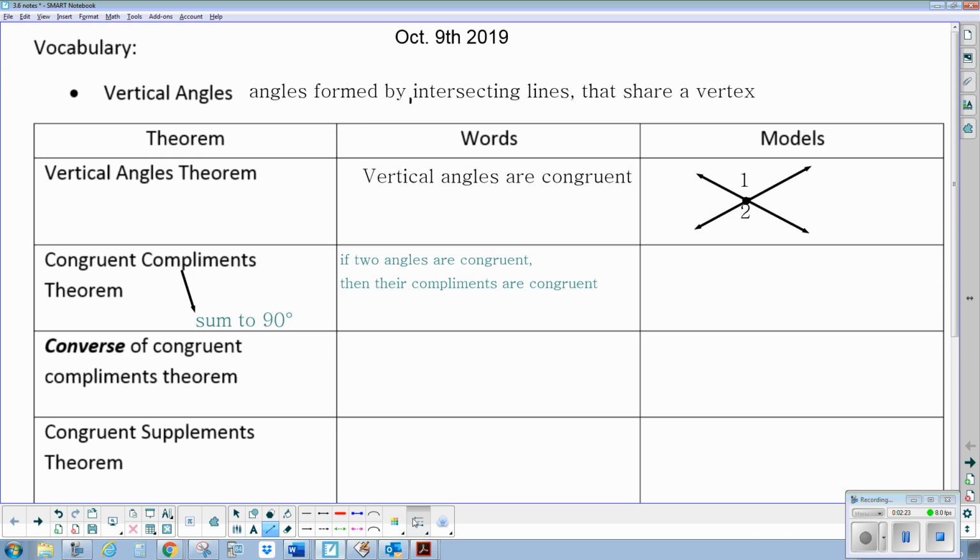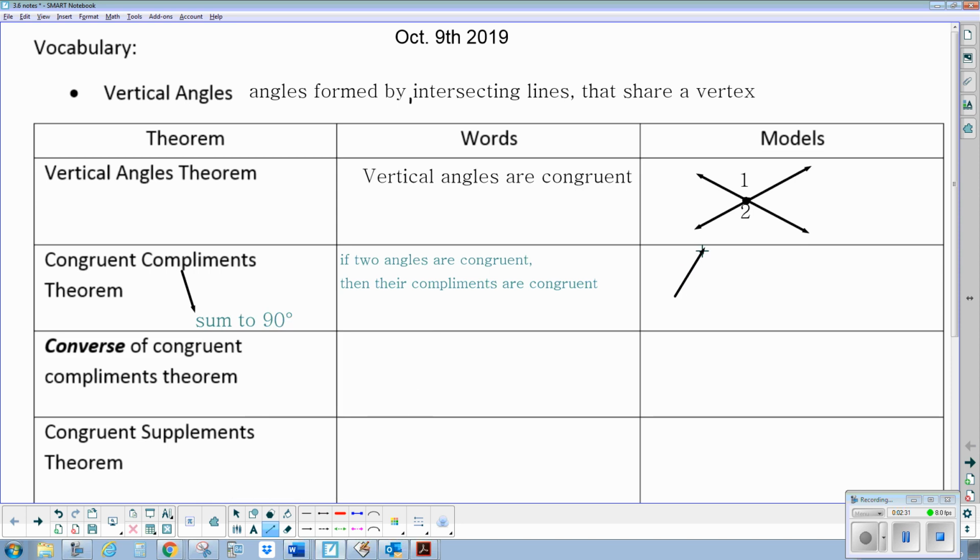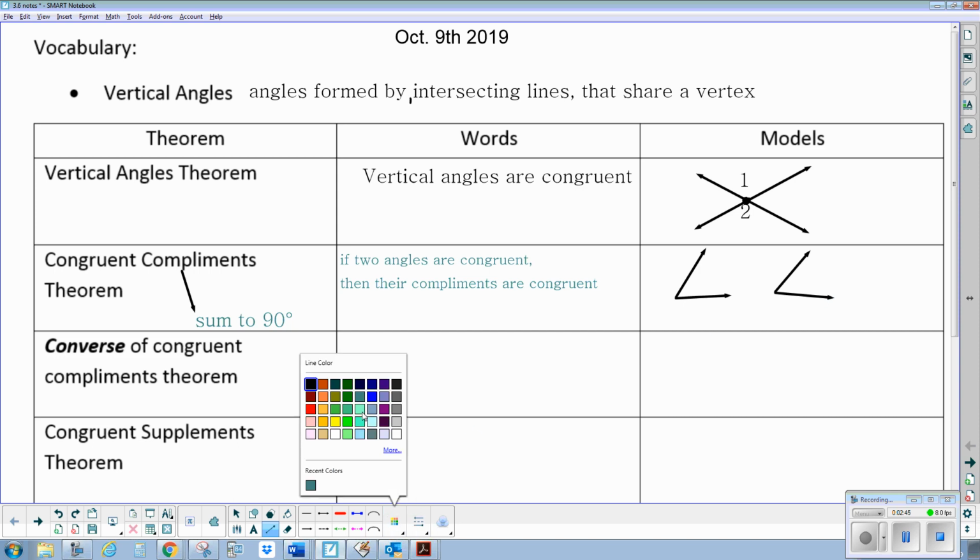Okay, so let's draw a little sketch. Okay, so here's one angle, and here's another angle. Oops. I'll draw it the same way. Okay, so if those two angles are congruent, that means that their complements would also have to be congruent.